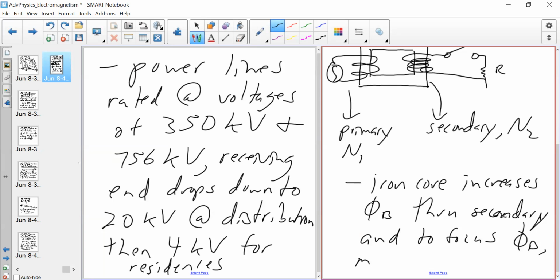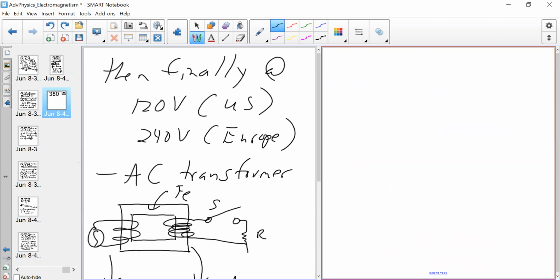And with more turns in the secondary, you have higher EMF. So how do we know that? Let's remind ourselves of Faraday's law.